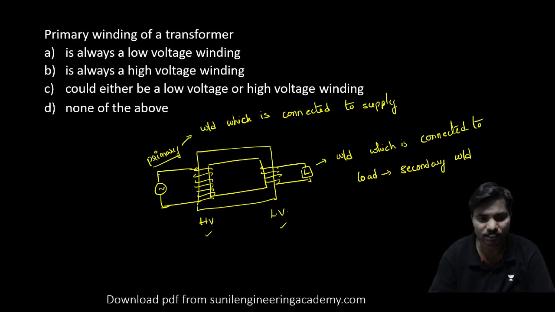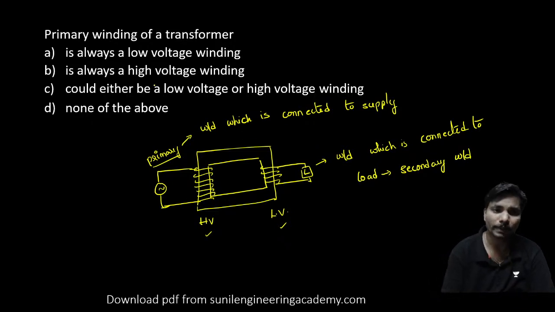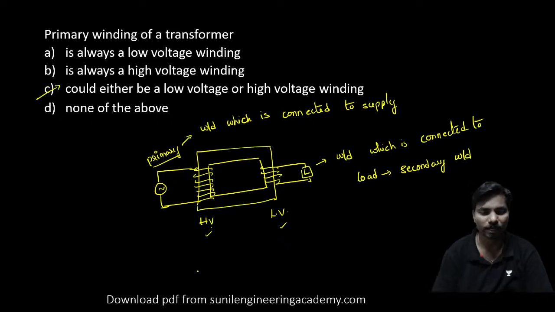The winding connected to the supply is the primary winding. If you connect the supply to the HV side, it becomes the primary. If you connect the supply to the LV winding, then it becomes the primary. So it could be either the low voltage or the high voltage winding.